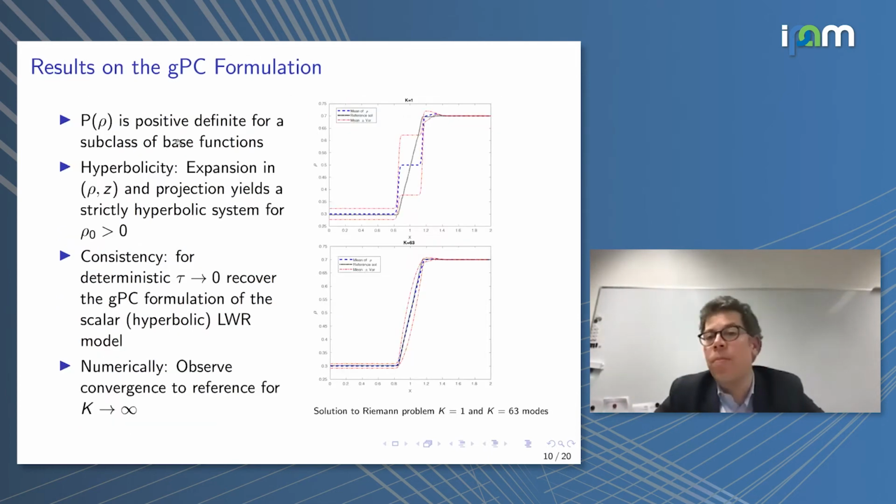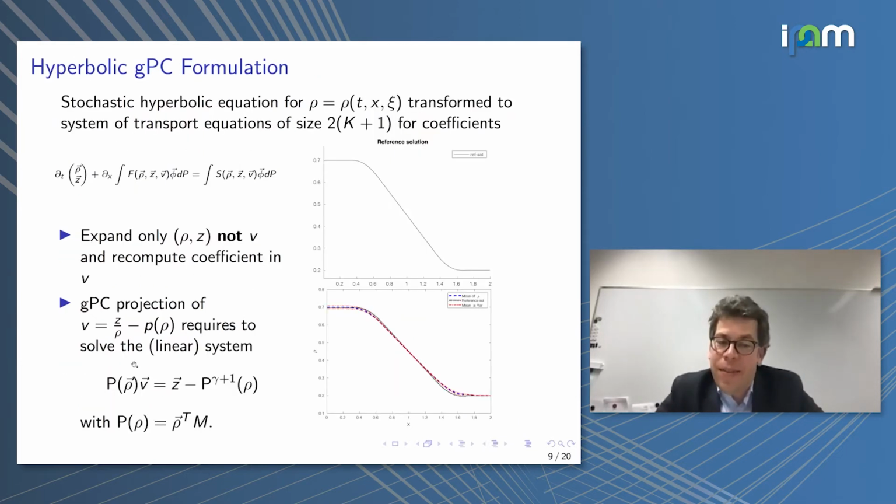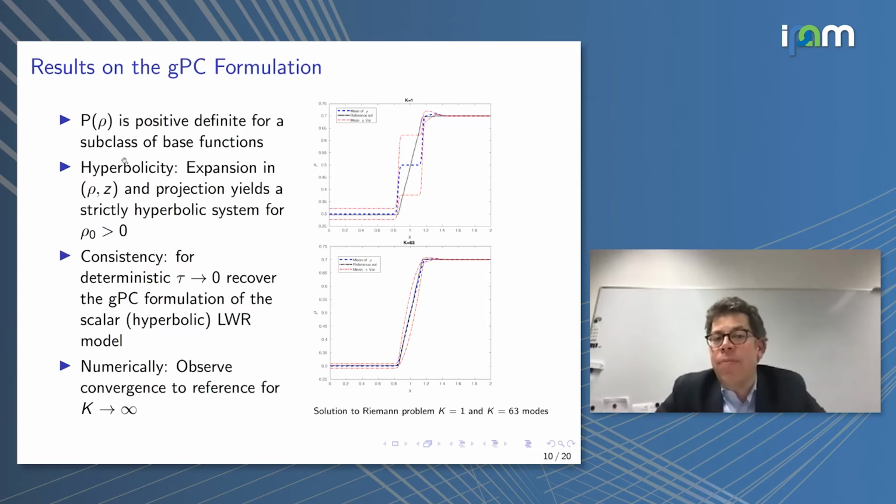We have also some more results. We can prove that this linear system always has a solution, by proving that this P of rho is really positive definite. I already told you that the system which we then get is actually strictly hyperbolic, except in the vacuum.